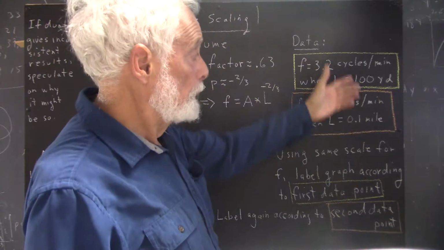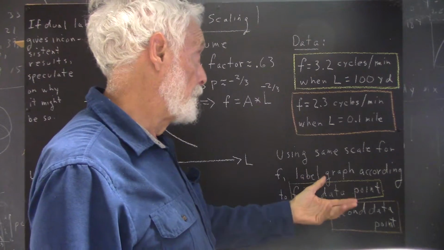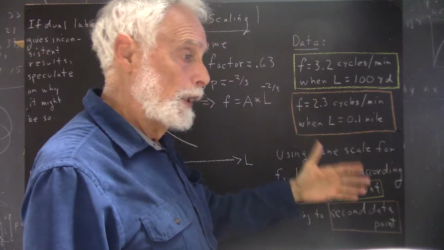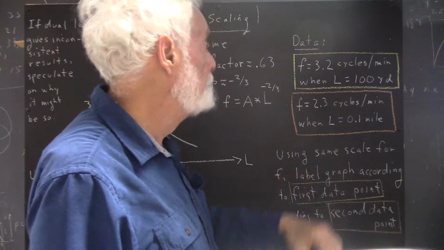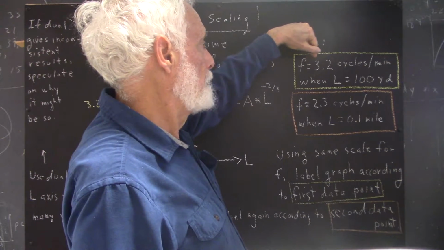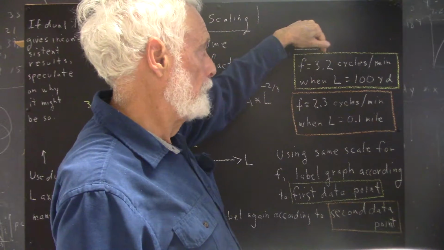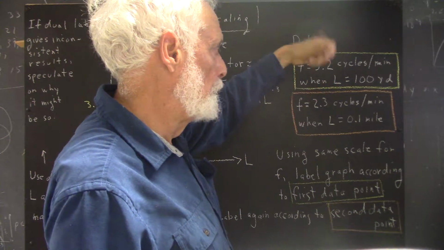Now, in reality, if I went to the trouble of doing all this, I would observe the pendulum for at least a good hour, maybe a good day, although I wouldn't be the one doing the counting manually. We'd do it electronically somehow. And I'd be able to get the frequency to more precision, maybe three significant figures, 3.286 and 2.319.